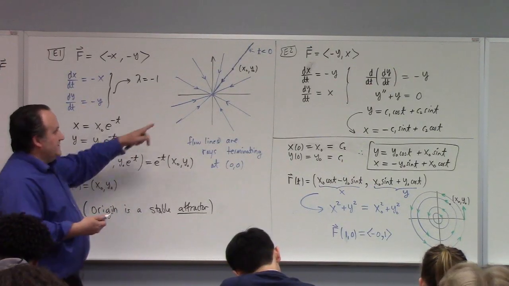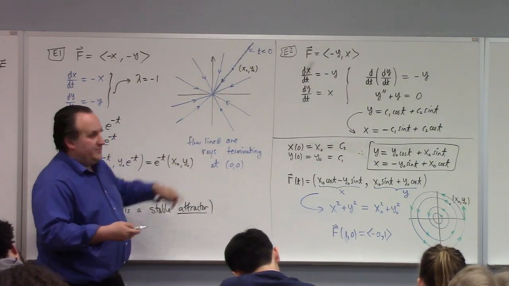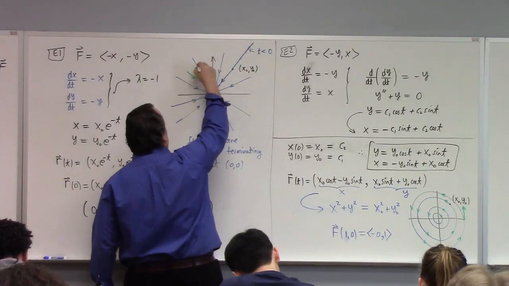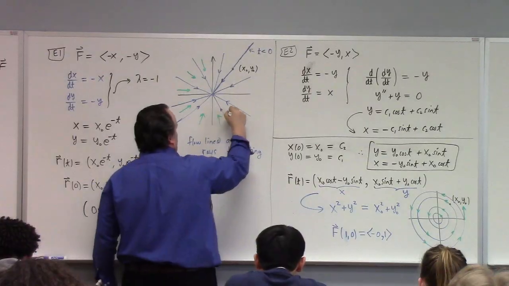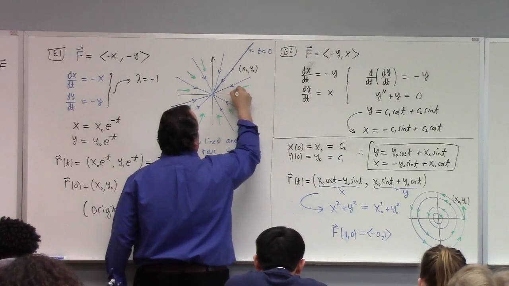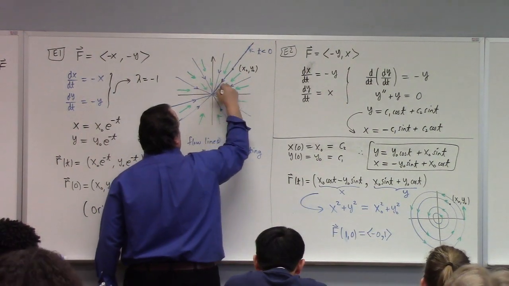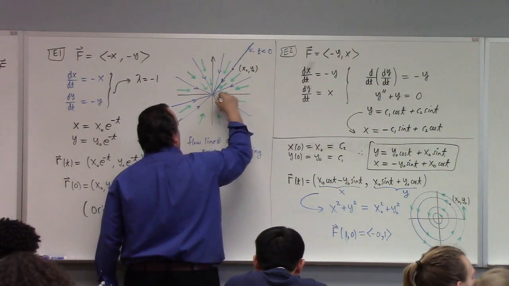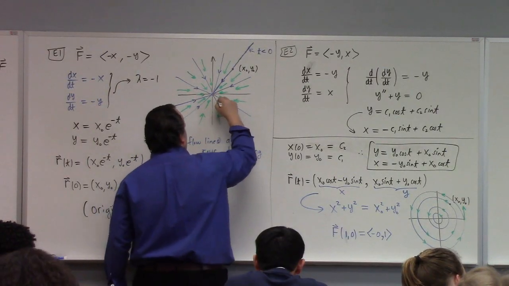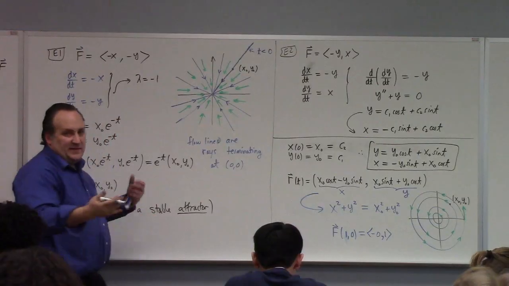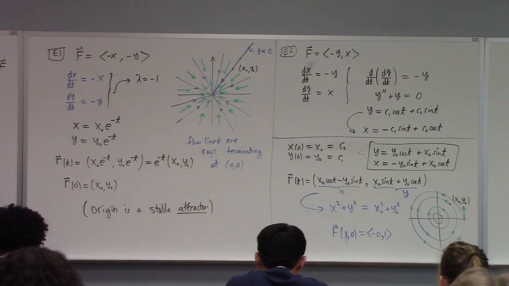This tells me that if I was to picture the vector field, it would look like this. But we don't have to draw the vector field in that sense. We can just draw some representative flow lines.